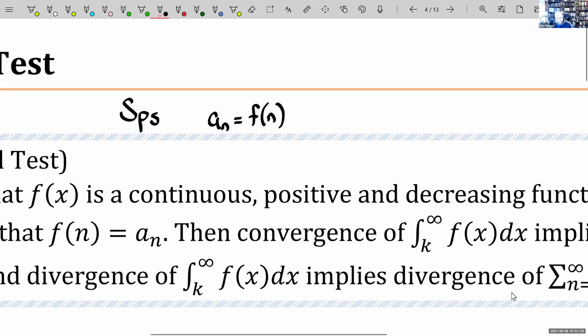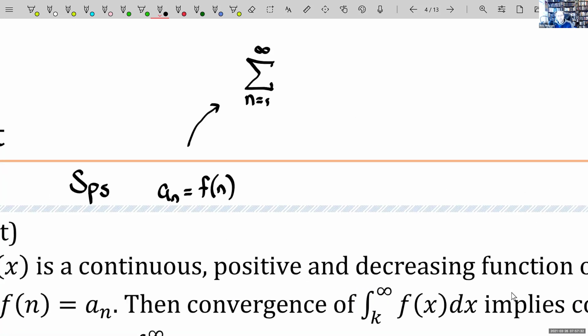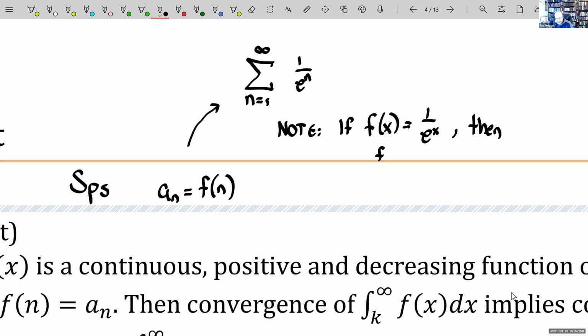As an example, if you don't know what I'm saying here, suppose that you had the summation n equals 1 to infinity of, let's say, 1 over e to the n. One thing you should note is that if f of x is equal to 1 over e to the x, then whenever I plug in a natural number, it's the same thing as a sub n, where a sub n is this sequence right here.